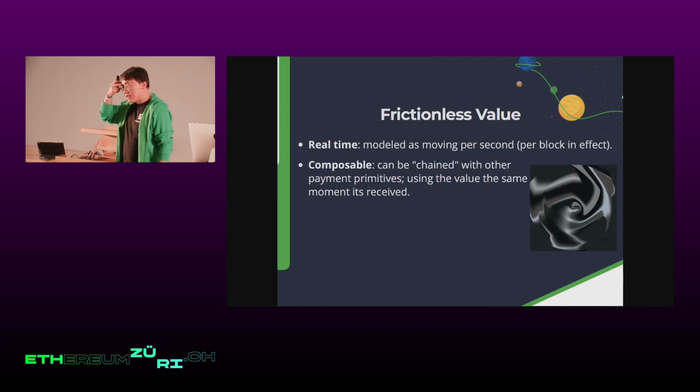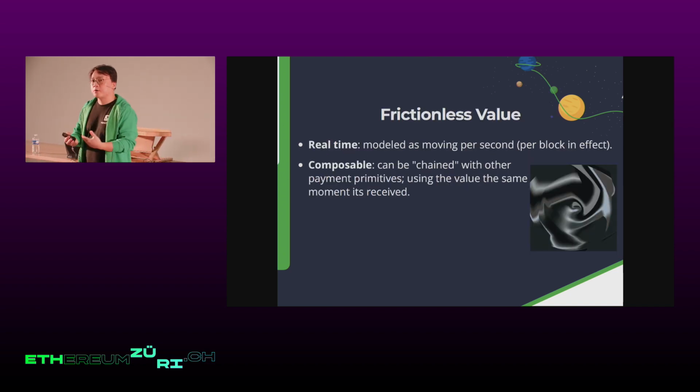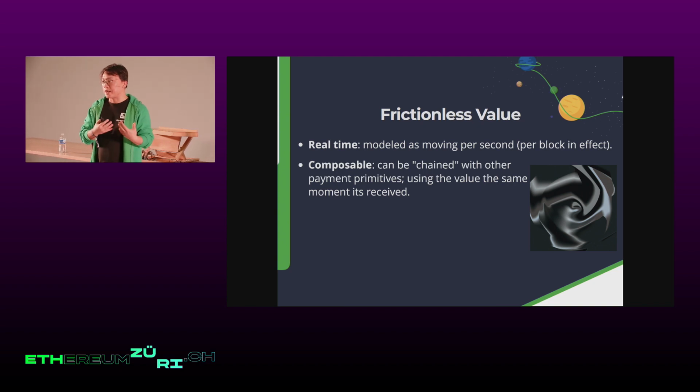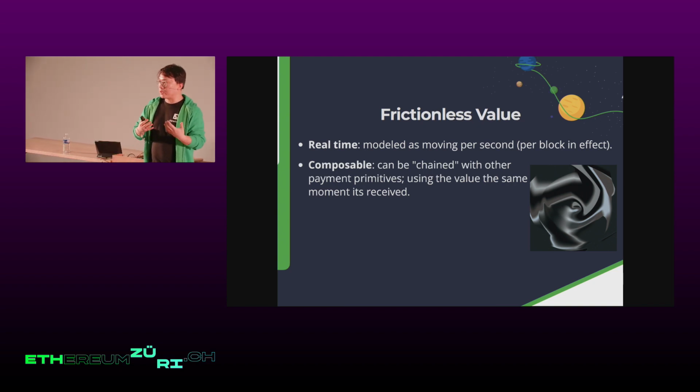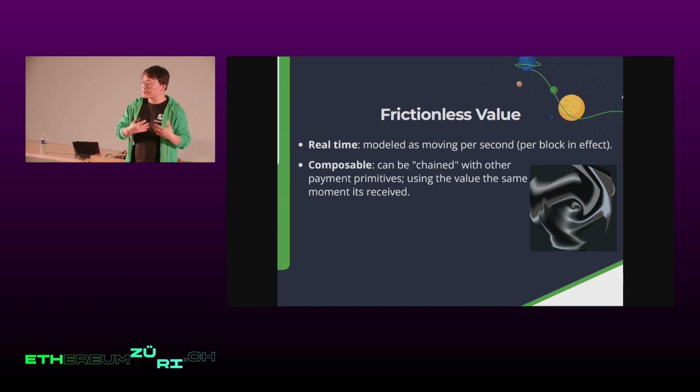Furthermore, what comes with these generalized payment primitives and the new mental model? It's also frictionless. What does it mean? It's real time, a model that is continuous in time. Because blockchain moves per block, it actually moves per block, but it's modeled as continuous in time.